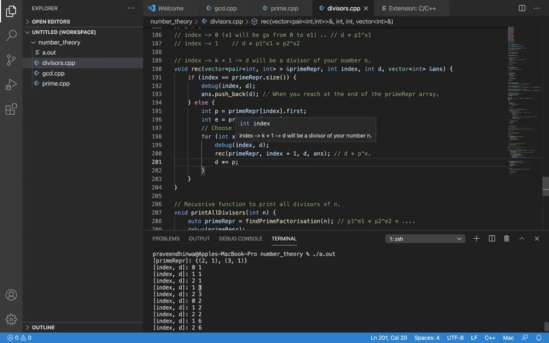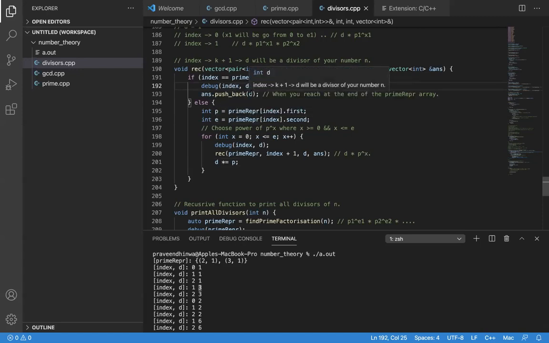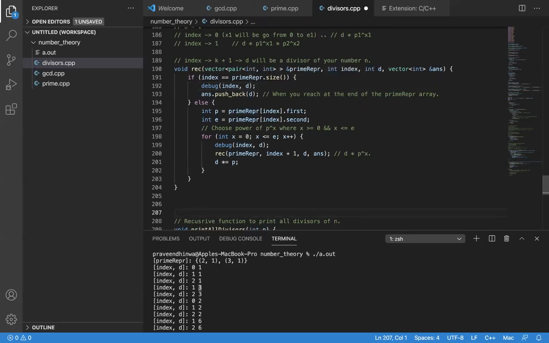So maybe you can try running this program and debugging in your editor itself. Then you will be able to see from where the execution is going, from which place to which place. Then you will be better able to understand what is happening. So let's see what is happening for, let's say, 6, 2 into 3.